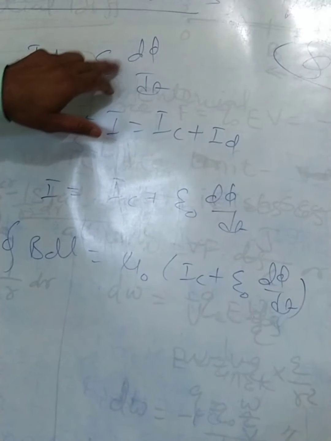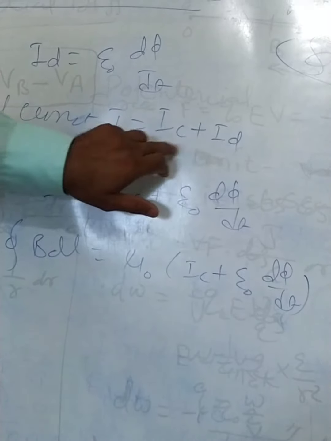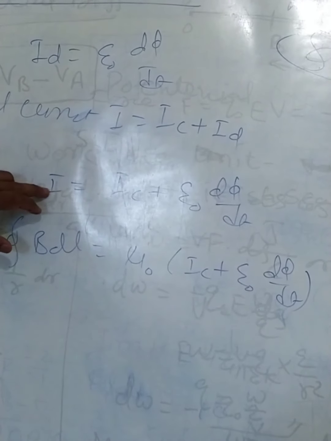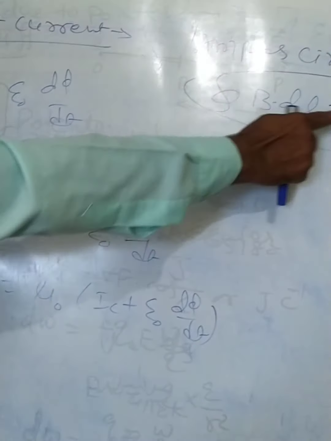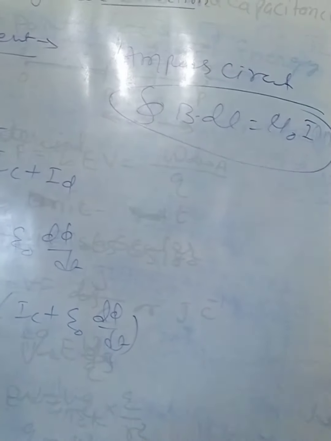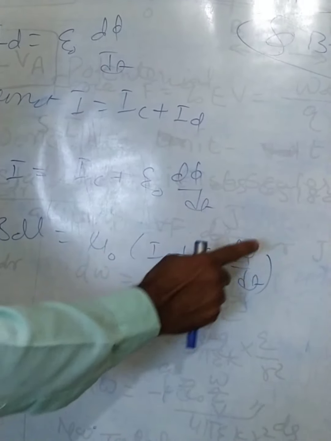From the law of Faraday, the displacement current is epsilon d phi upon dt, and the total current I is equal to IC plus ID. If we go for Ampere's circuital law, integral B dl is equal to mu naught I. Putting the value of I, it is IC plus epsilon d phi upon dt. So this is the displacement current.